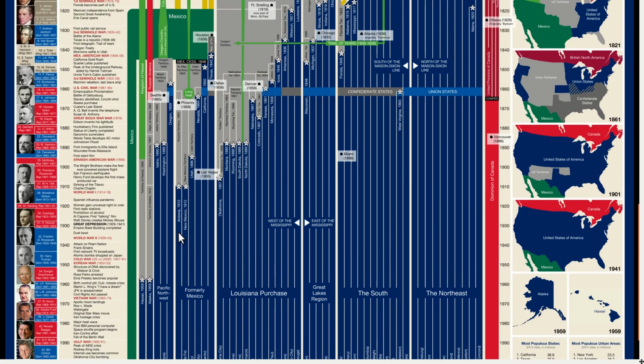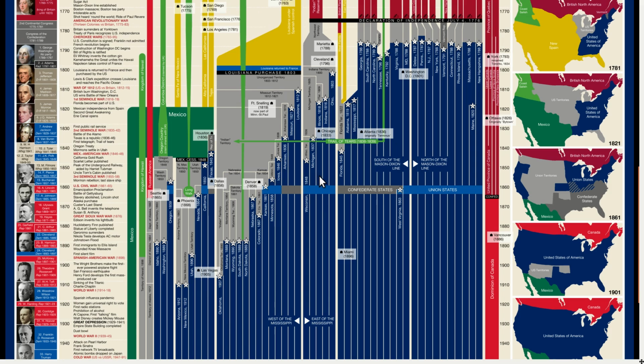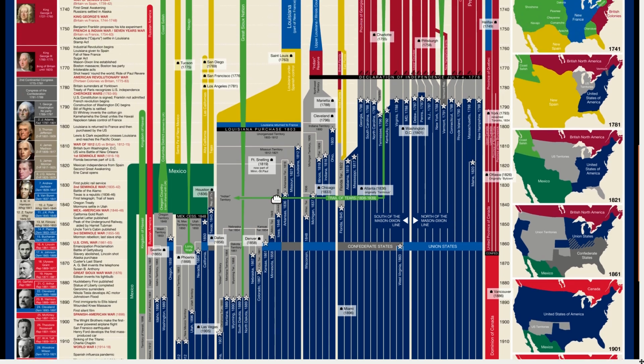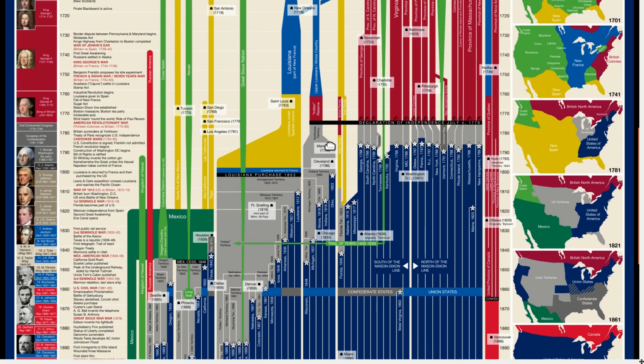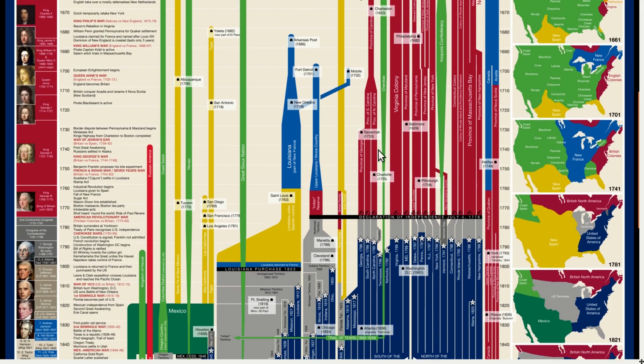Next to the presidents and monarchs, we have a timeline of key events, including various wars, which are shown in red. And then in the middle, we have a line for every territory and state, so that you can see how they all evolved over time. The dark red represents English or British colonies, the yellow, Spanish, the blue, French, and the green, the various Native American groups.